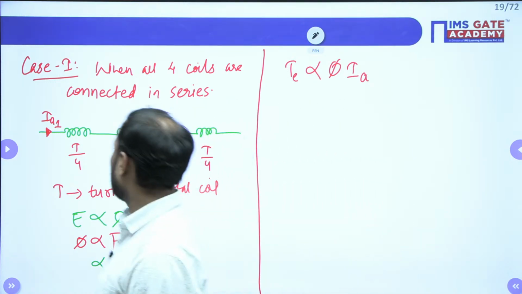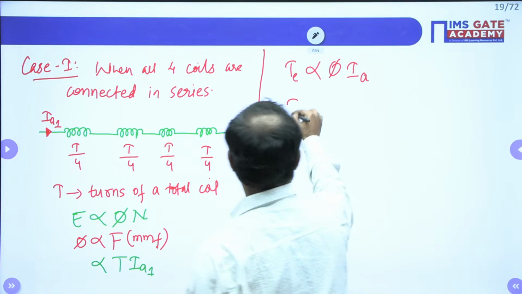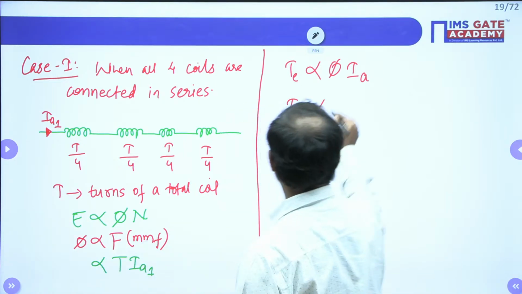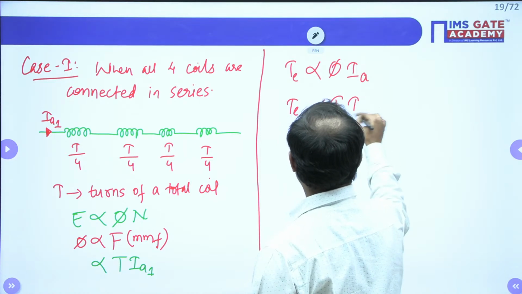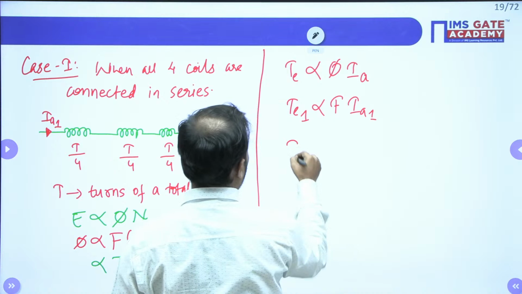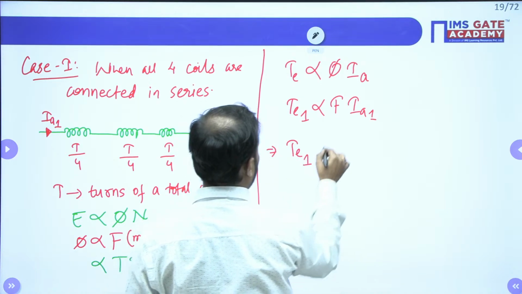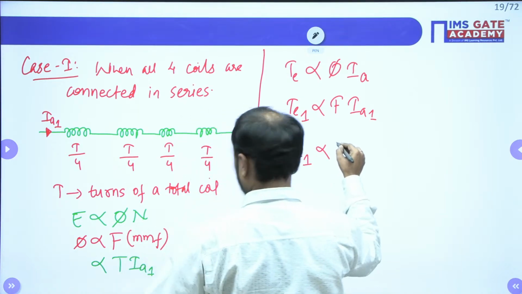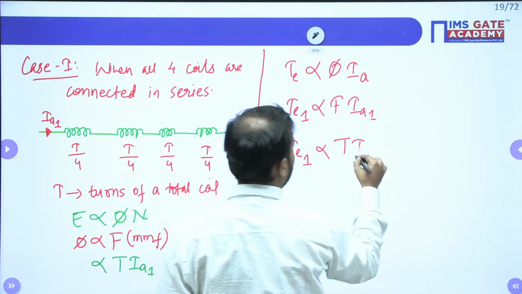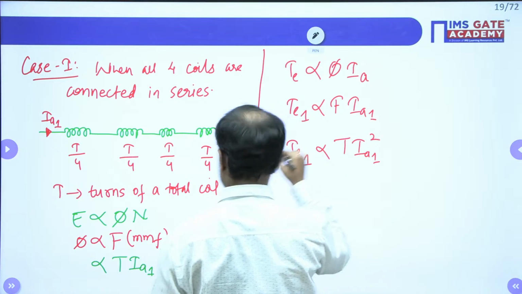In this case, the flux is proportional to mmf. The mmf here is F into Ia1. What is F here? T into Ia1. So electromagnetic torque for the first case is equal to total number of turns T, Ia1 into Ia1. This will become Ia1 square.